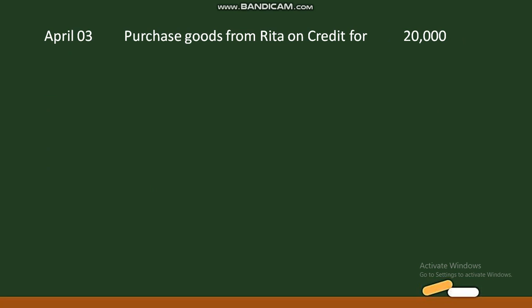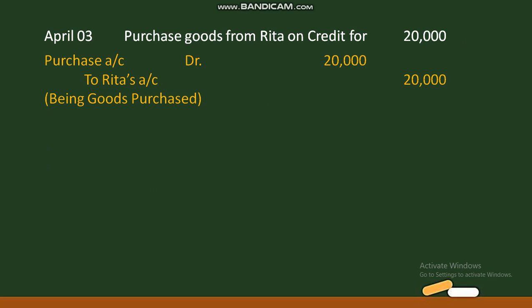Always we have to debit our purchase account and credit the giver. In this question, Rita is the giver, so we have to credit her. Yes, purchase account debit to Rita's account. According to the transaction, we note down our narration, that is, being goods purchased.